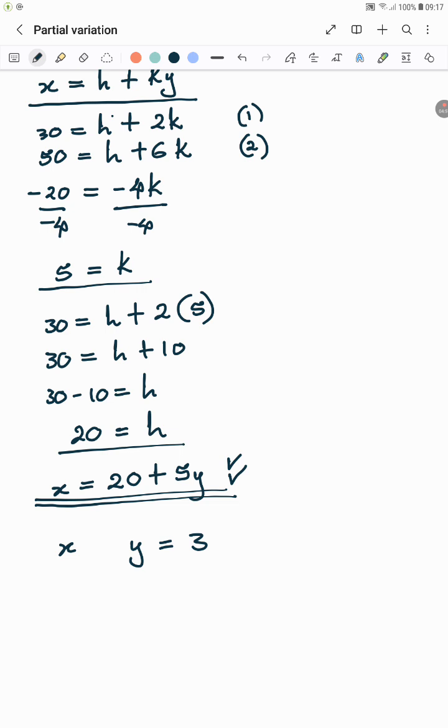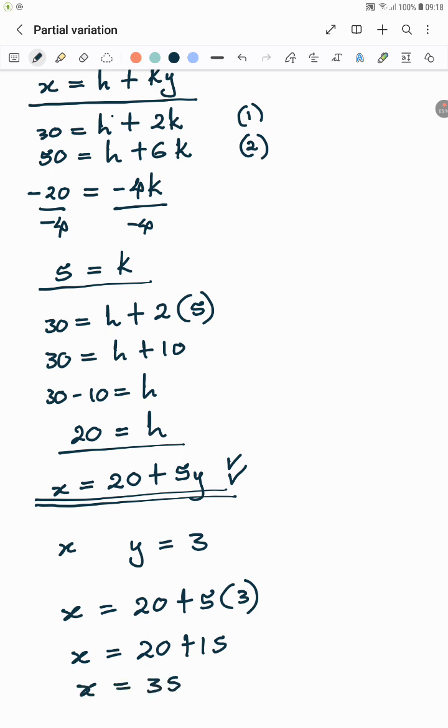So using this equation, you're just going to substitute y with 3 to get the value of x. So you say here 20 plus 5 times 3, and here you say x is equal to 20 plus 15, and x will be equal to 35.